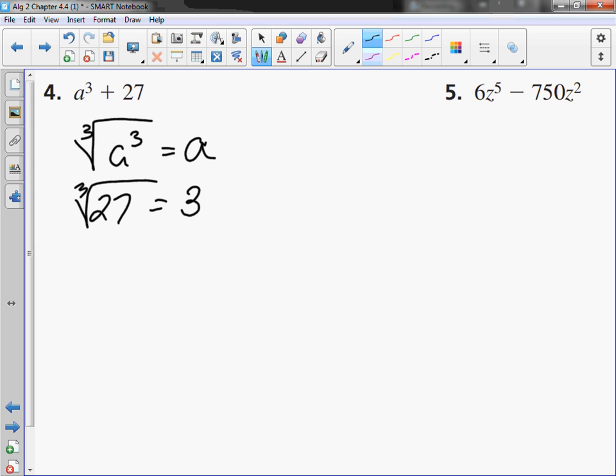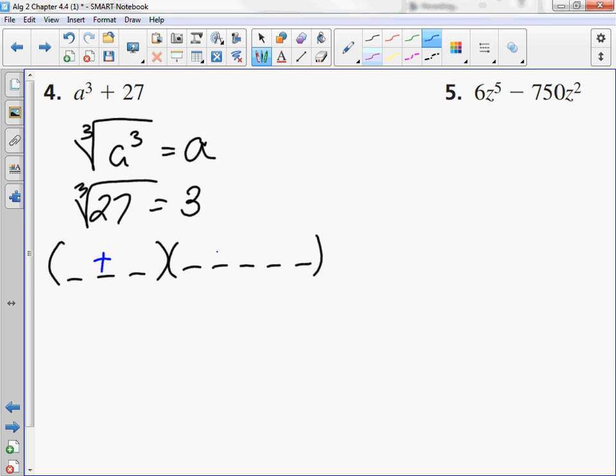This is a sum of perfect cubes because we have a plus in the middle. Now I can set up my parentheses. So the signs are what? The same, opposite, always end on a positive note. So we would have plus, minus, plus.